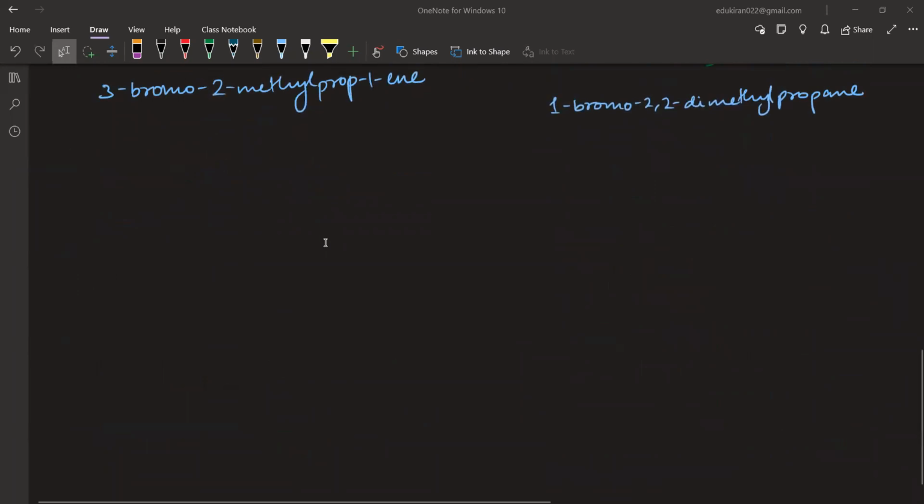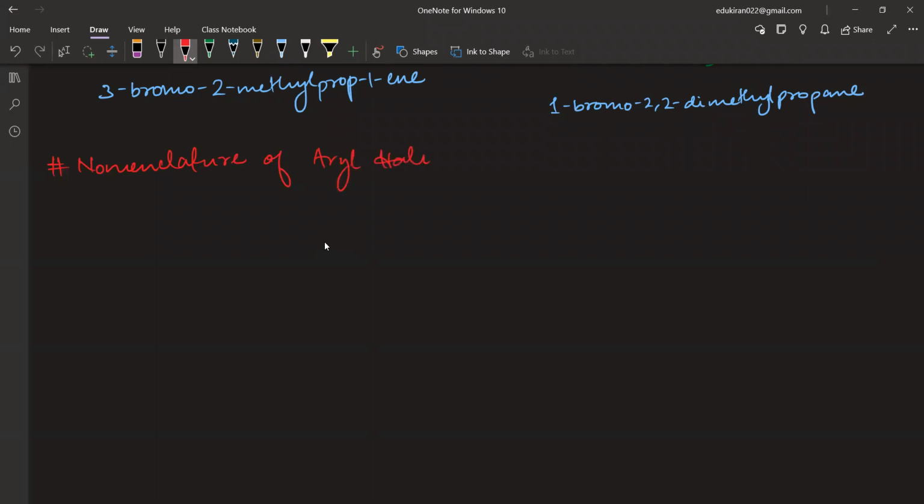Now let us move on to the nomenclature of aryl halide. We all know that each nomenclature has substituent, parent, unsaturation, and functional group.